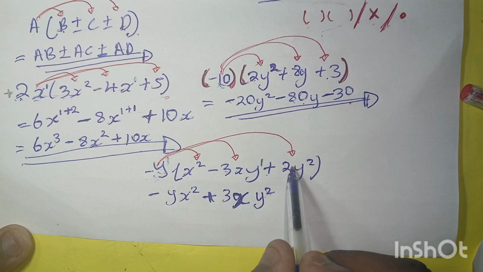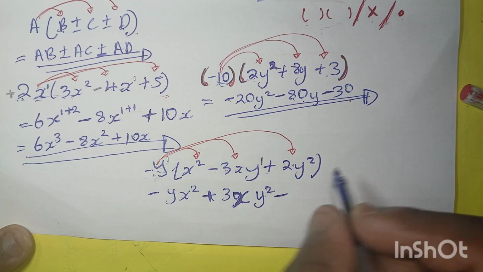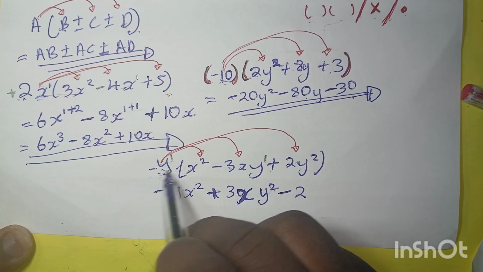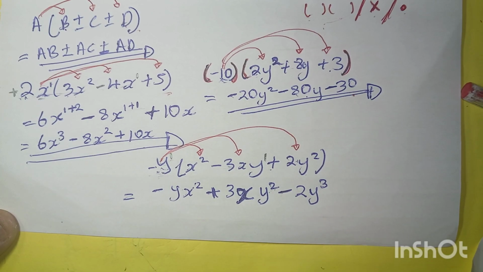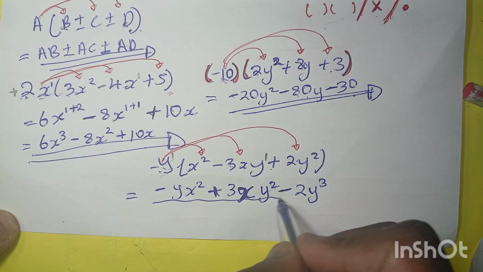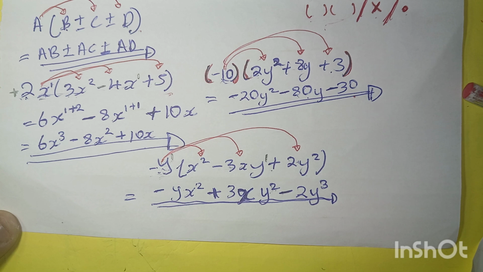And now this multiplied by that one, different sign, gives me what? Gives me negative 2. And when I multiply the same base, I will add the exponents, which is 3. You see? This one, guys, is my final answer, because here there are no like terms. Remember, guys, like terms must have the same base and the same exponent.